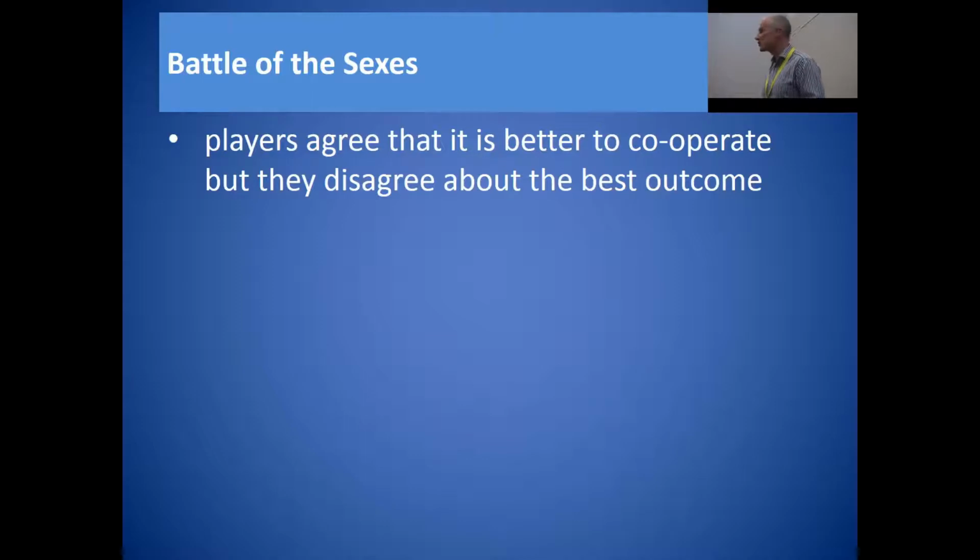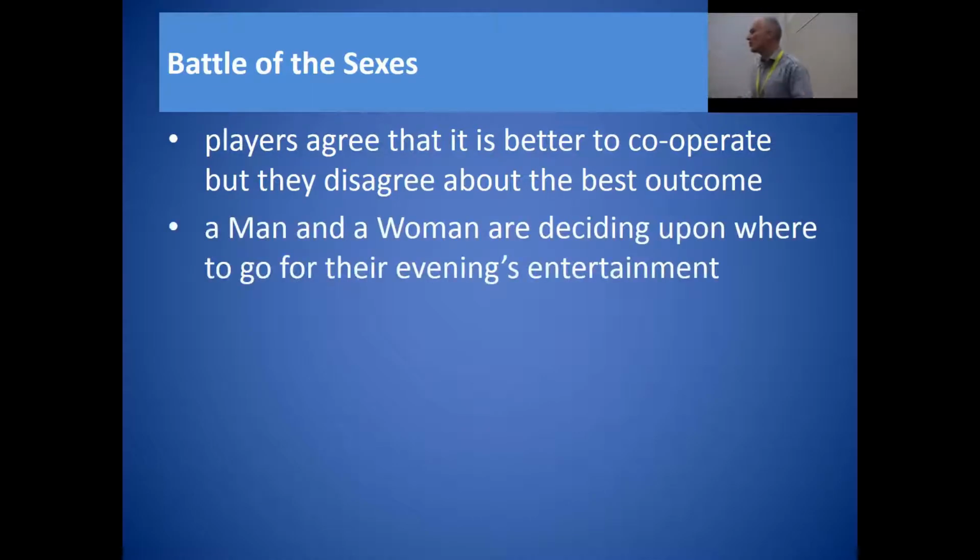However, what's different is that they disagree on the best form that cooperation should take. This class of game is known as the Battle of the Sexes. And, as will become fairly obvious in a few minutes, the initial exposition of this game relates back to the 1950s.